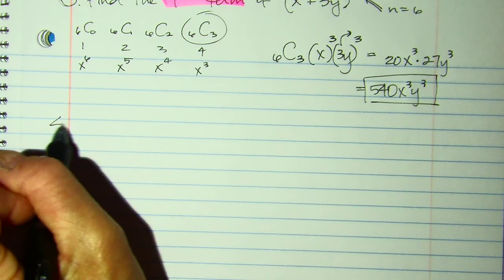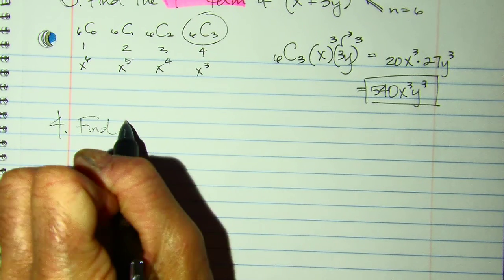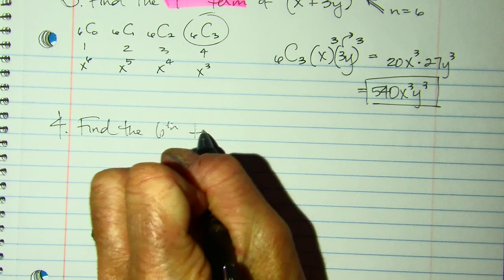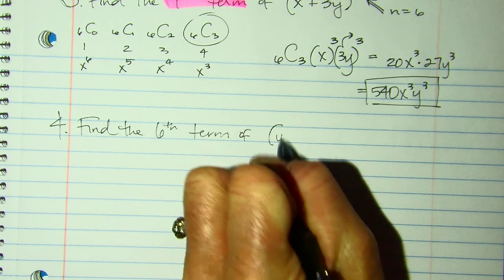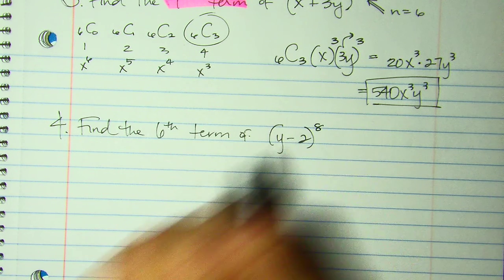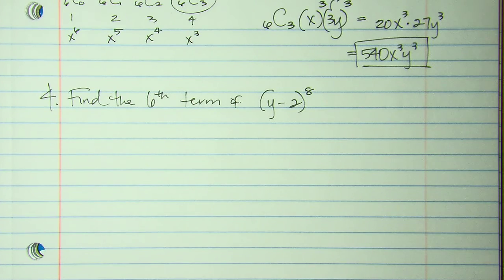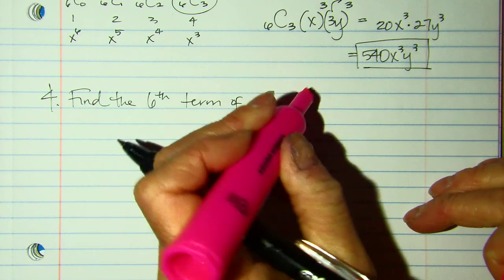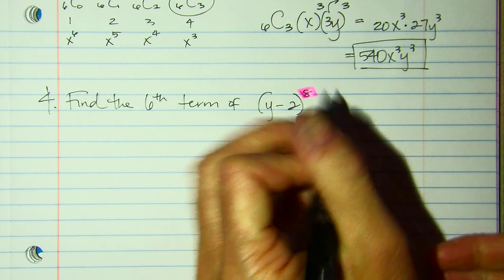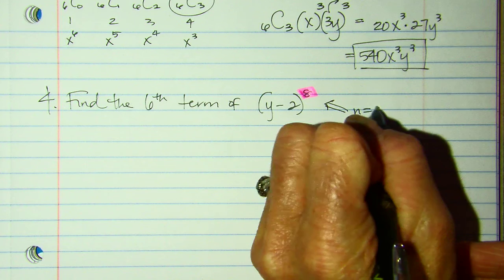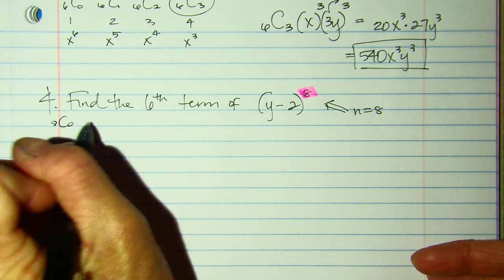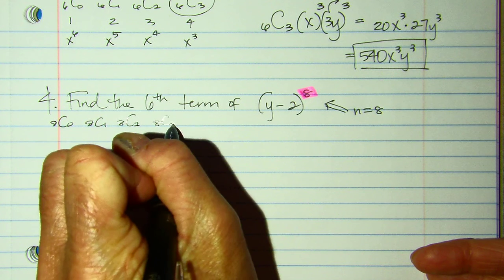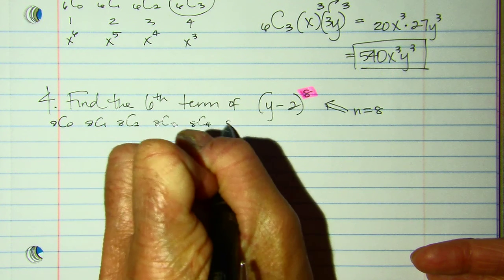Next, find the sixth term of y minus 2 to the 8th. All right, so sixth term, and I know that in this case, n equals 8. So 8C0, 8C1, 8C2, 8C3, 8C4, 8C5.